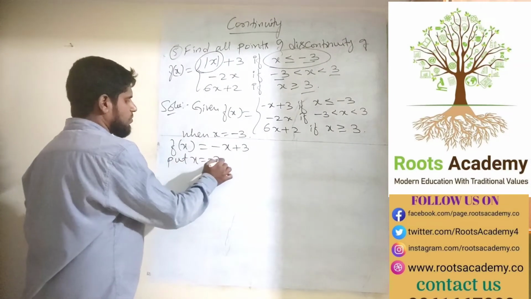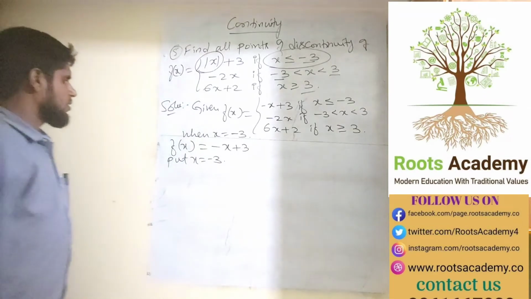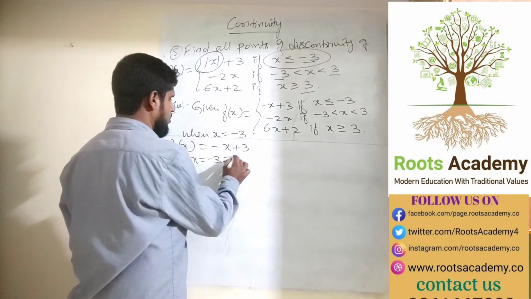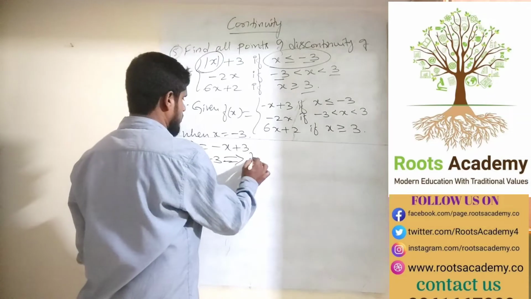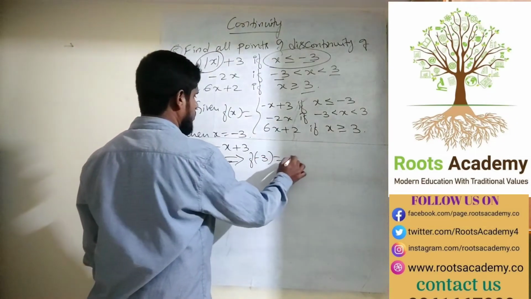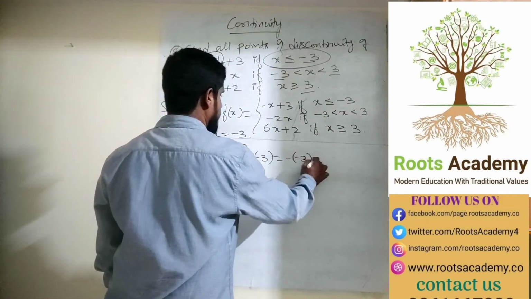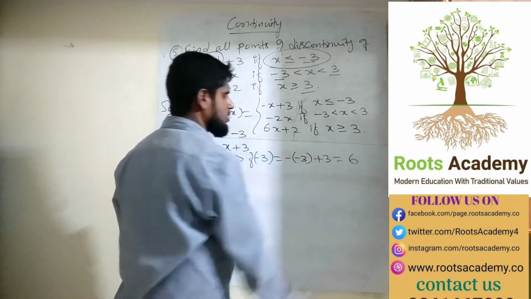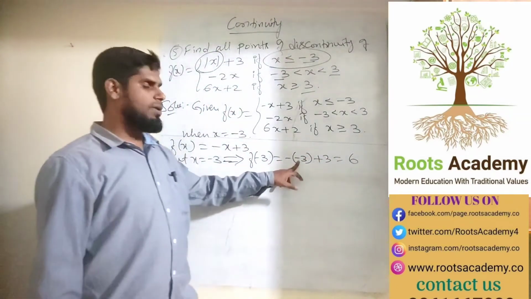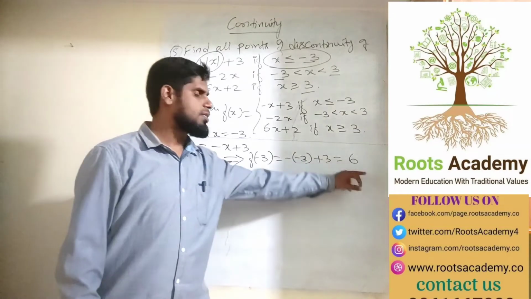Put x is equals to -3. Then f of -3 is equals to minus of -3 plus 3. Minus into minus, it is plus 3, plus 3 is 6.